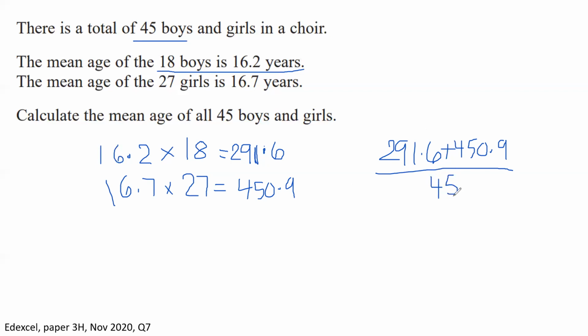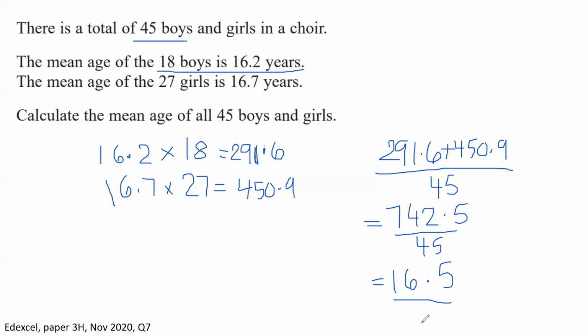So in this case, we're going to divide by 45. If we do that sum, on the top of this fraction we end up with 742.5, still divided by 45. If we pop that in a calculator to work it out, we get an average of 16.5. So this would be our final answer.